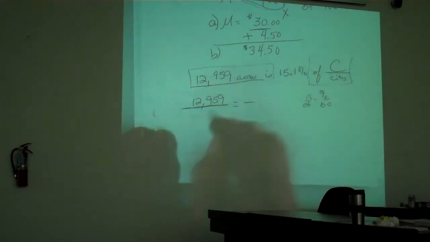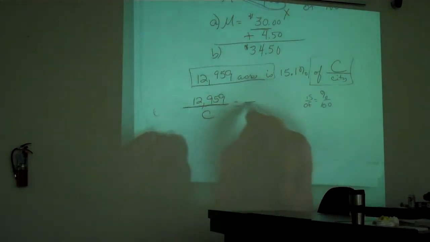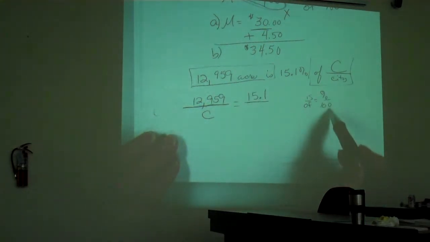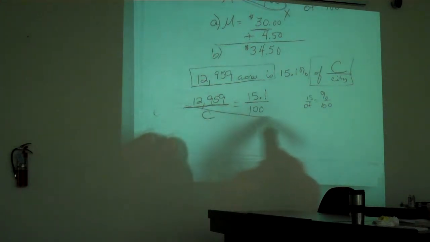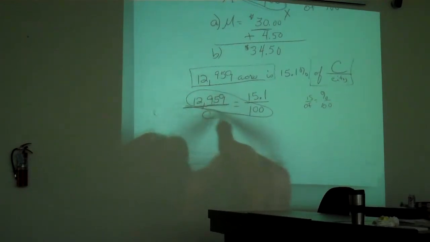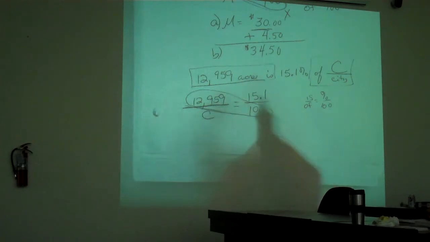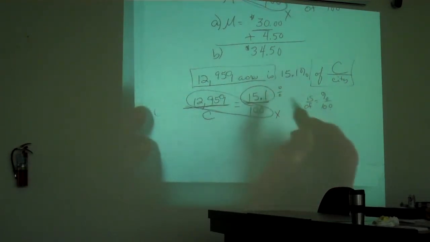C. Of is your C. Percent is 15.1. The percent goes over 100. So you're going to multiply 12,959 times 100, which adds 2 zeros to it. Multiply those, divide by 15.1.